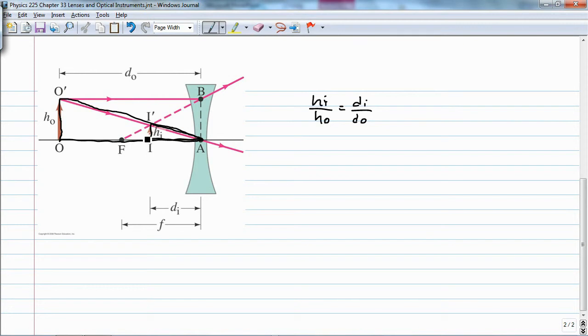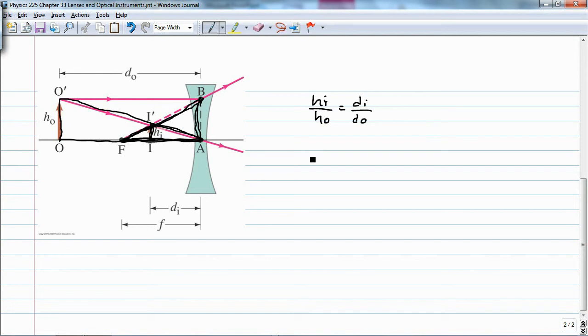Then we have IF, I prime, this triangle, and that triangle is similar to AFB, this triangle here. Those two are similar.